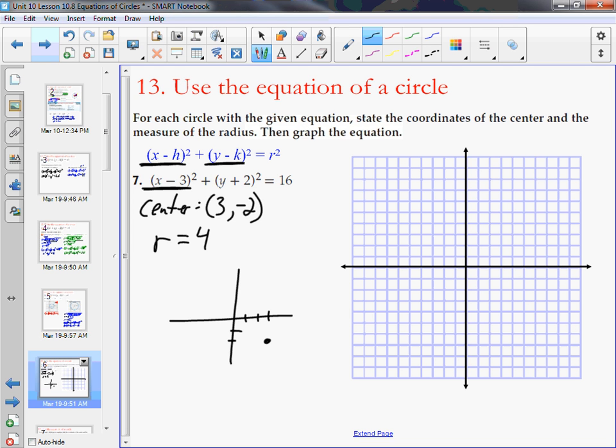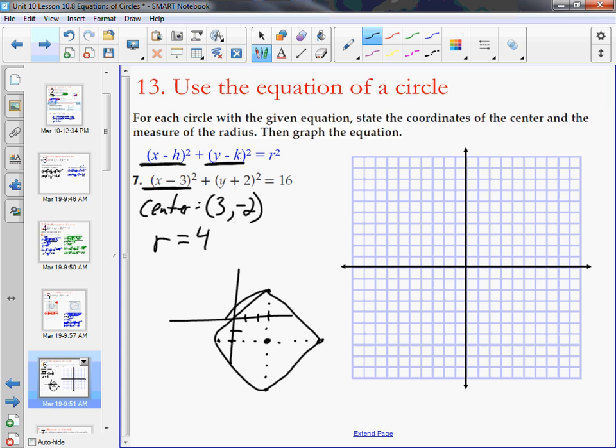Now, to get a radius of 4, just make a few examples. For instance, 1, 2, 3, 4. That point would be on the circle. Maybe that's why everybody ends up having square circles, because didn't you do that?